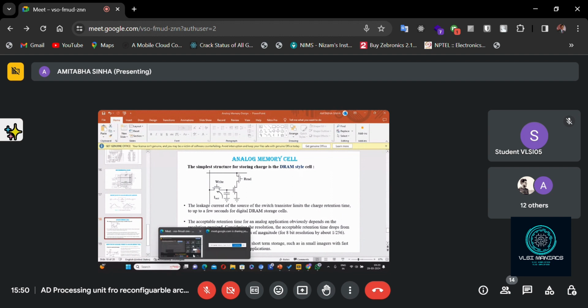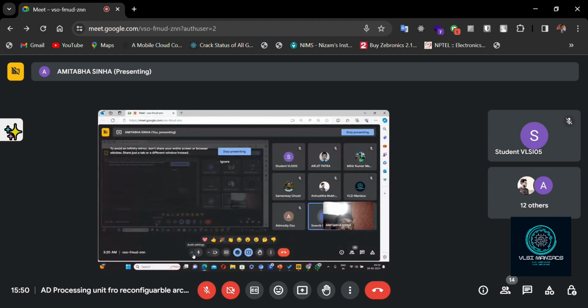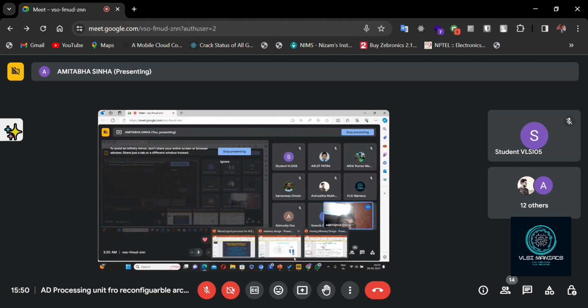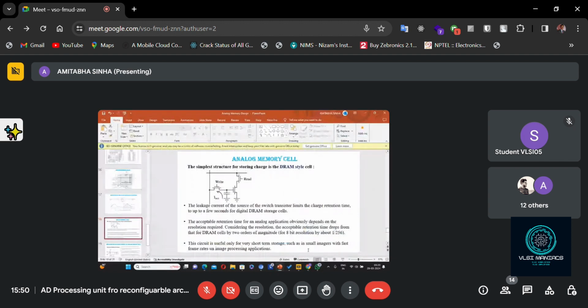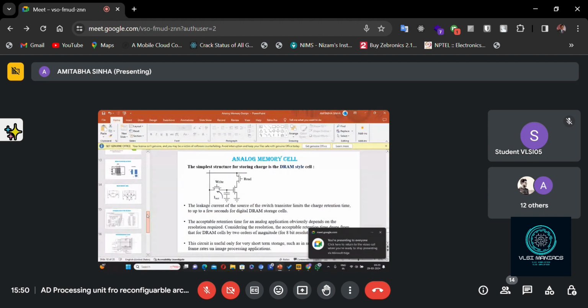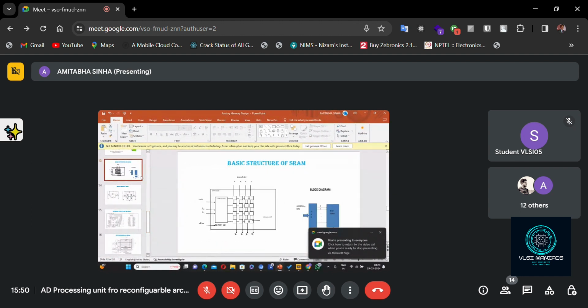So in this case, what is the address line and what is the data line for analog memory? Fine. I've already discussed that. Once again, I'm telling. Let's consider this is your analog memory circuit.